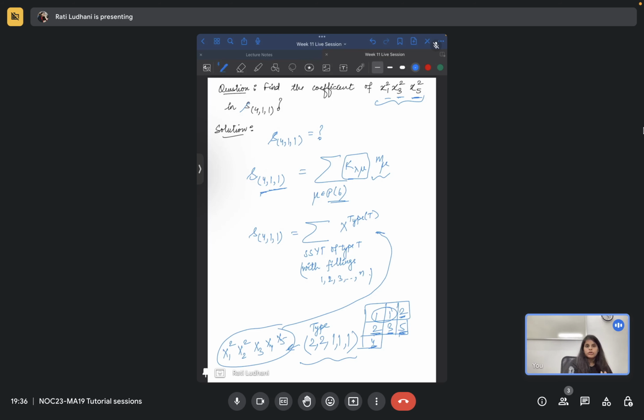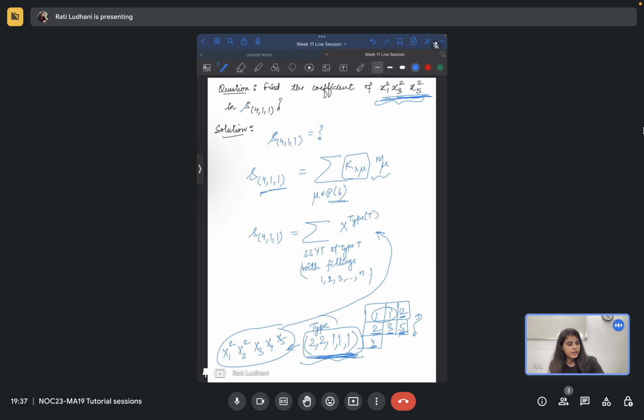Okay, so what you need to find out is the coefficient of this element, x1 square, x3 square, x5 square. If you consider this type, you may have more than one tableau.